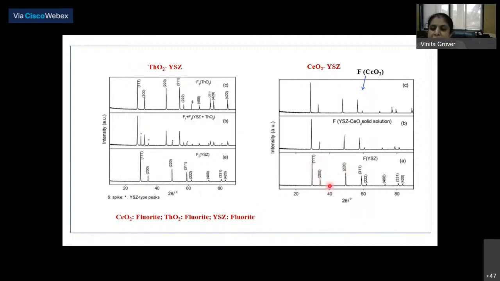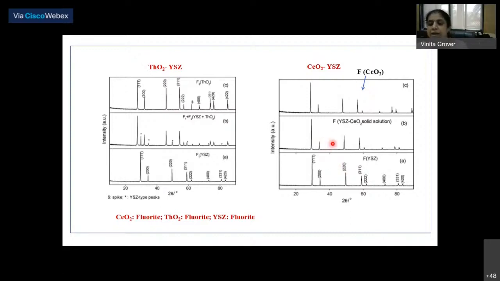You record the XRD pattern of one end member, YSZ, and of the other end member, and then you start recording the XRD patterns of the intermediate compositions. As you can see, the XRD pattern of this solid solution is similar to the end members. That means it has also adopted a fluorite type structure, and it is a solid solution.